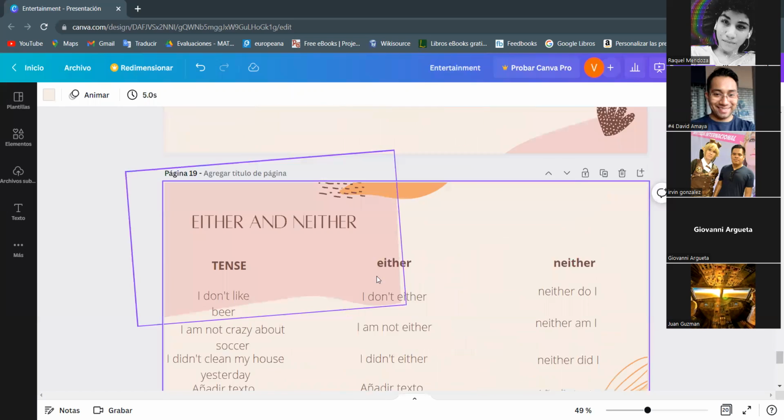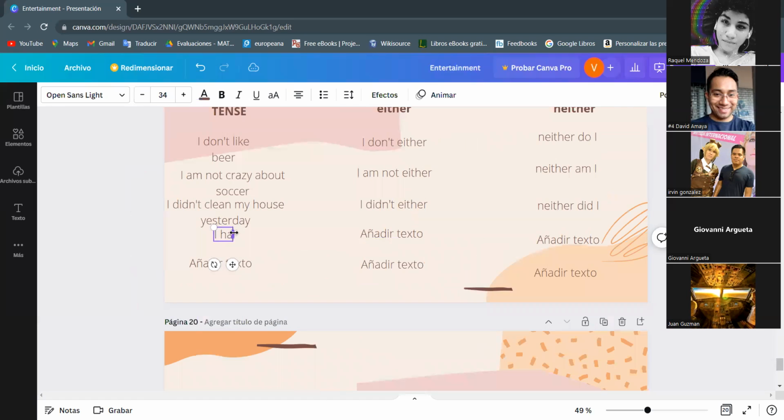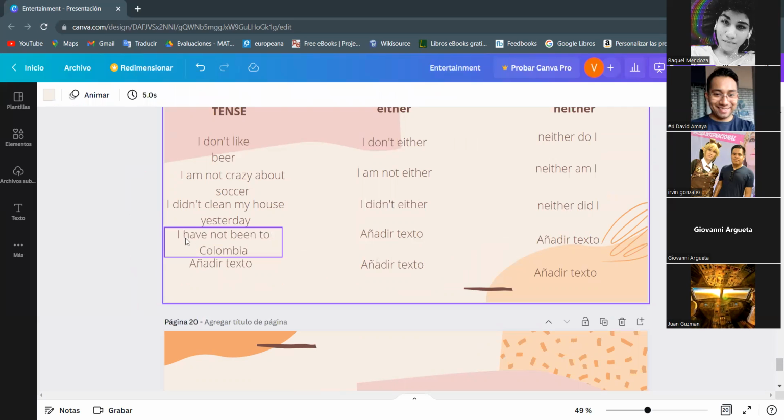Okay, let's use this example here. I have not been to Colombia. Giovanni, what would be the answer here? First of all, what's the auxiliary in this sentence?